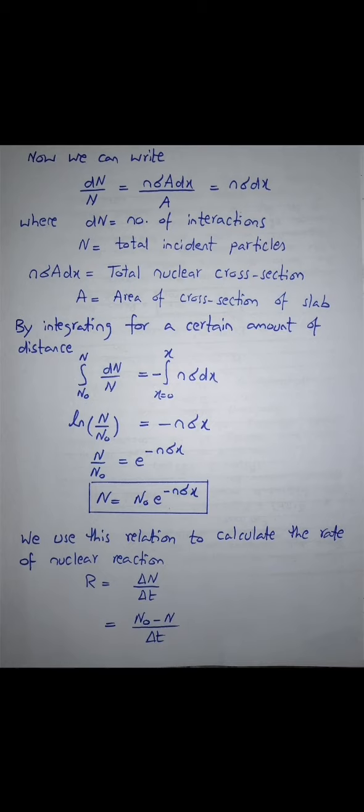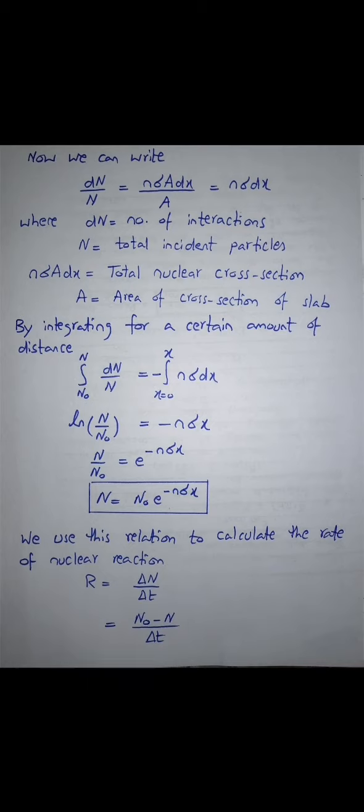We denote this equation as dN divided by capital N is equal to n sigma A dx divided by A, where dN represents the number of interactions, capital N represents the total incident particles, and the total nuclear cross section is represented by n sigma A dx, where capital A represents the area of cross section of the slab. Since A is in both the denominator and numerator, we can cancel A, and we simply get n sigma dx.